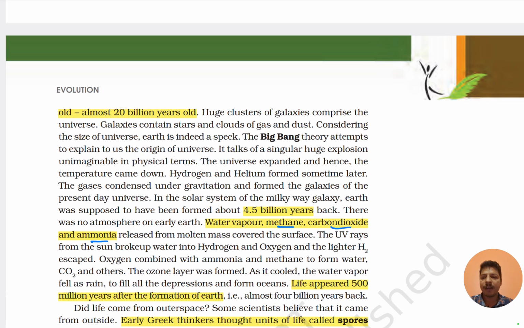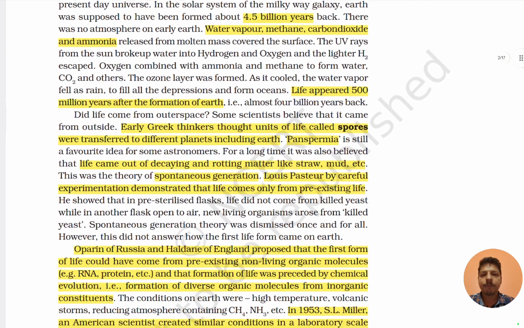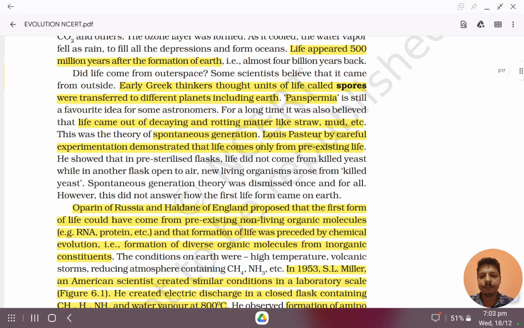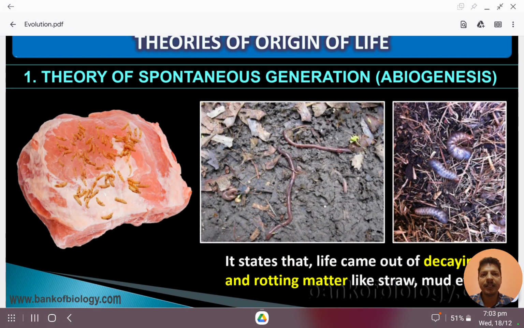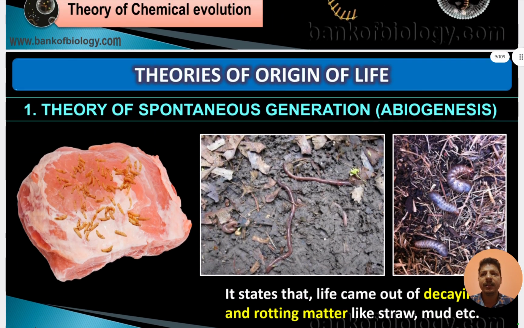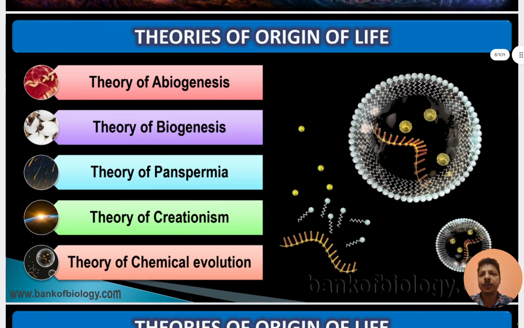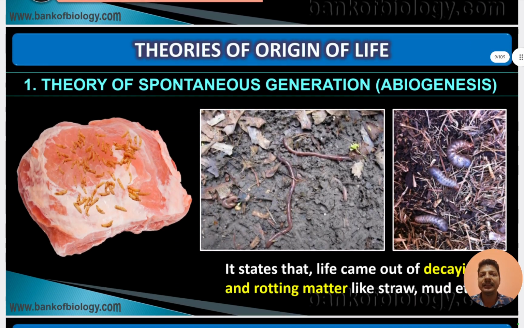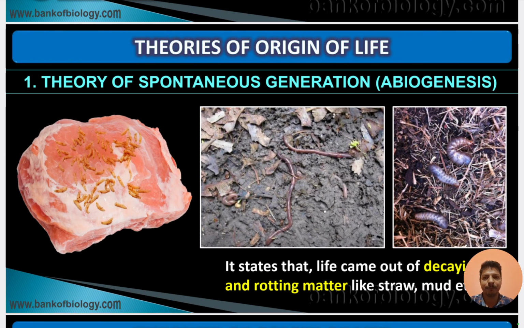Life appeared 500 million years after the formation of Earth, that is almost 4 billion years back. Next, coming to scientists, what they suggested. Coming to this PDF, because here you can see all the topics, theory of abiogenesis, biogenesis, panspermia, creationism and chemical evolution. All are separated, but in NCERT they are all mixed up.